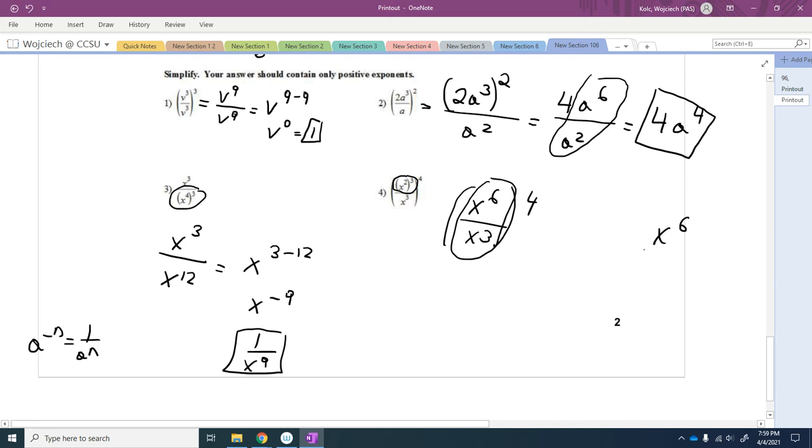X to the sixth over x to the third means 6 minus 3, which is x to the third. So what's inside of parentheses is x cubed to the fourth. Okay, and now I will multiply, so the answer is x to the 12.